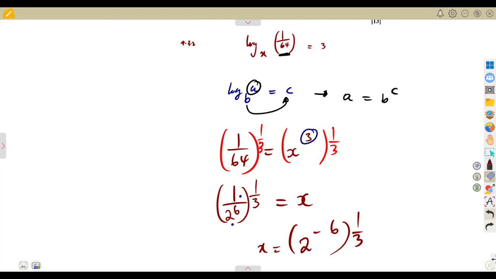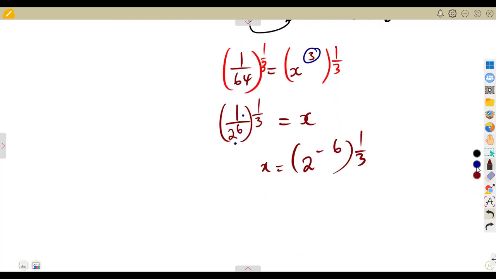We are now back to the law of an exponent to an exponent. How do you simplify this? That is x to the exponent of 2 to the exponent of minus 6 times a third. You multiply minus 6 and a third, and that gives us a negative 2.